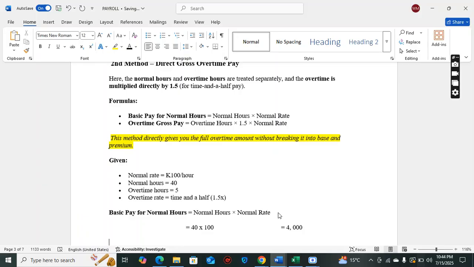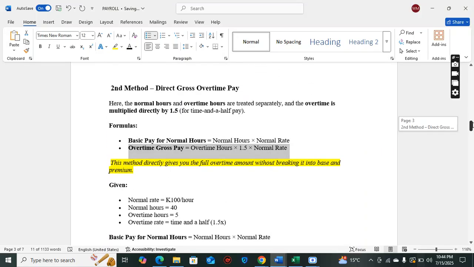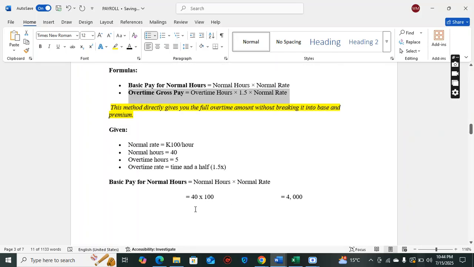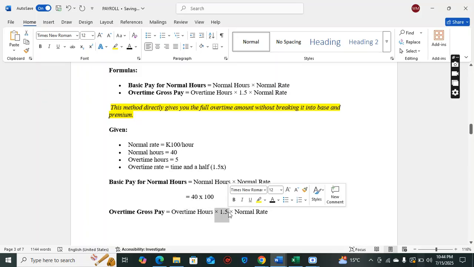Then we get the overall overtime pay. Here, the overtime hasn't been broken down into its components; you're just getting the overall overtime pay. So it's the overtime hours times the overtime multiplier times the normal rate.